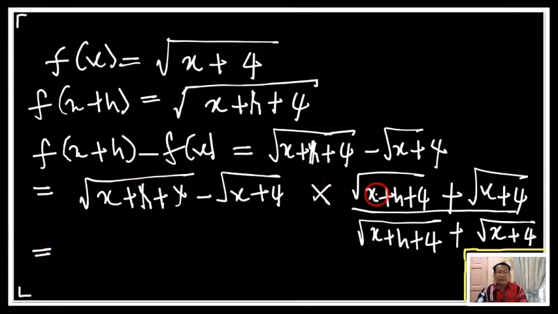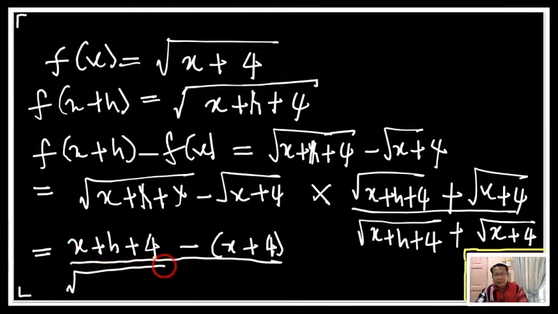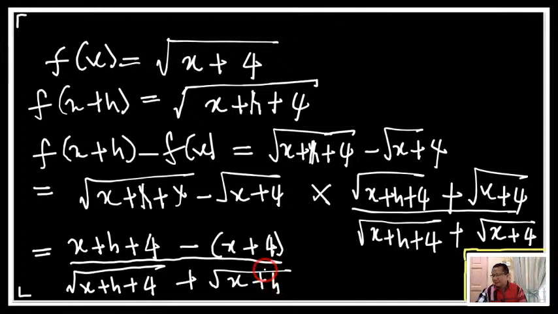As usual, this one just copy, so x plus h plus 4, and this one also you just copy, x plus 4. Finish for the numerator. Don't waste your time multiplying one by one. So the denominator is square root of x plus h plus 4 plus square root of x plus 4.